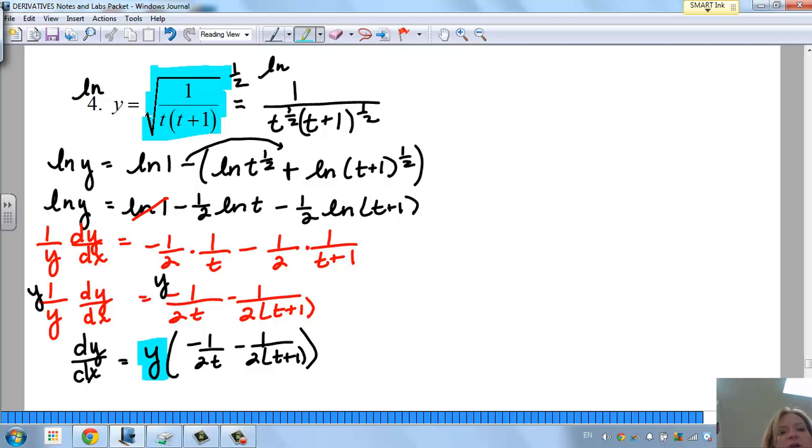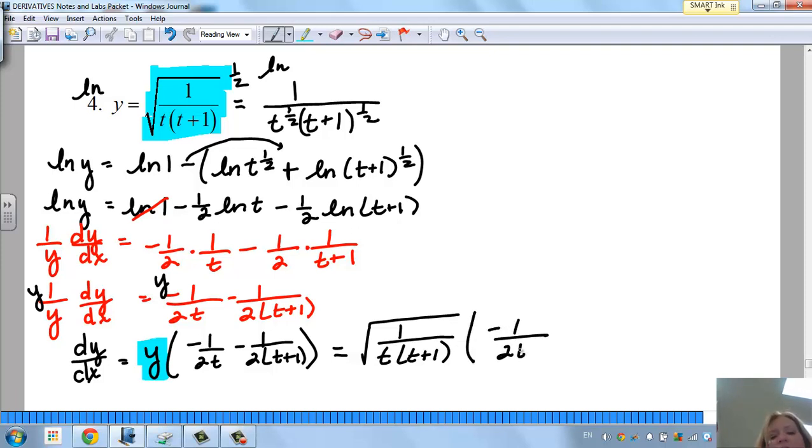So dy dx is going to equal 1 over t times t plus 1, multiplied by negative 1 over 2t minus 1 over 2 times t plus 1. And there is our derivative.